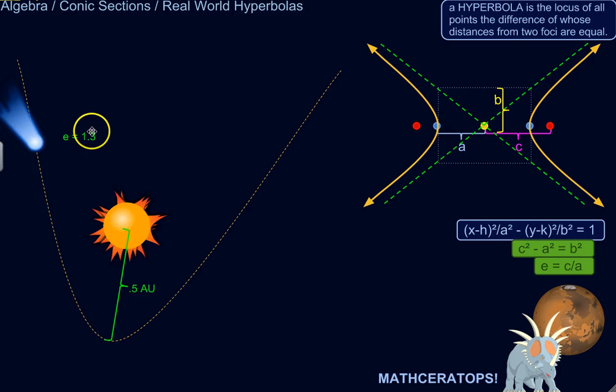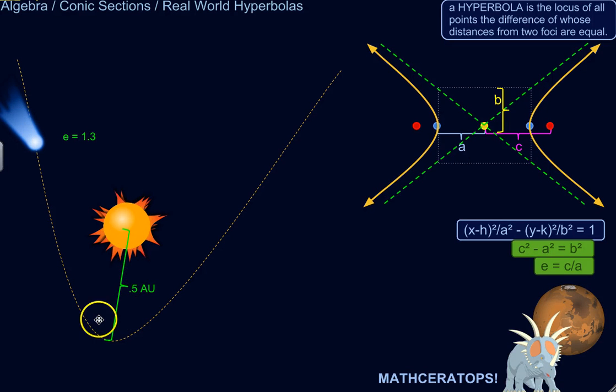So a typical comet would come into the solar system and swing around the sun, and at its closest point it would get to about half the distance of Earth to the sun, 46 something million miles, let's say.